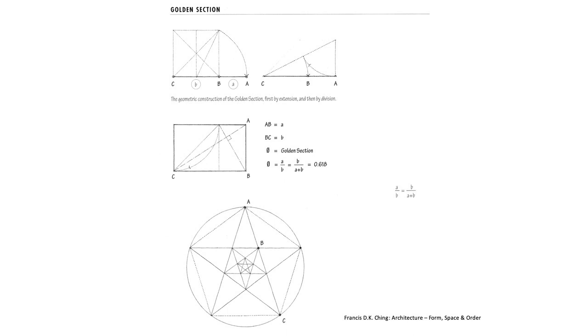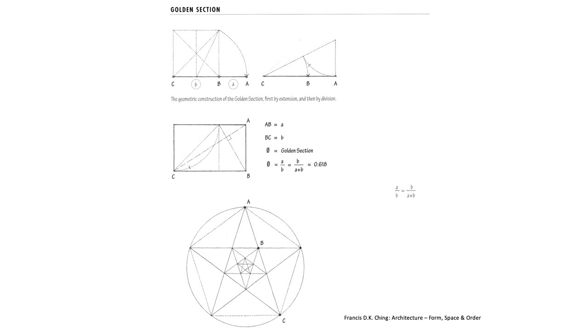The golden section is the ratio between two measurements, a big one and a small one, and the ratio from the big one to the small one is the same as the sum of the two to the big one. So I hope I'm explaining this understandably. The small is to the big, like the big is to the sum of the two.